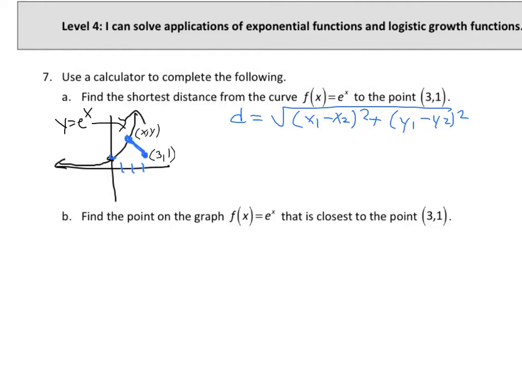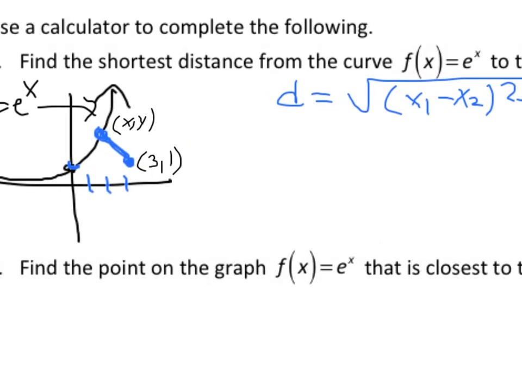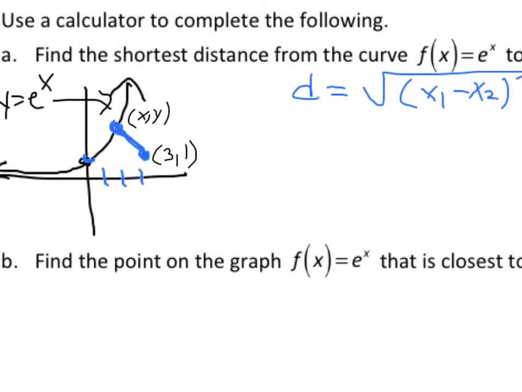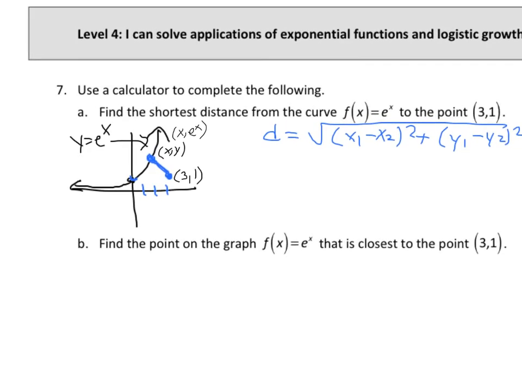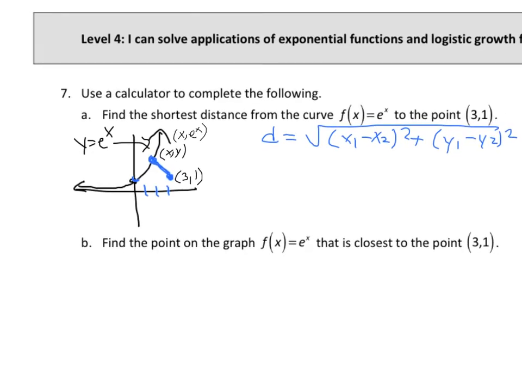So we can replace y in our xy pair with e to the x. So instead of xy, we're going to think of this as x comma e to the x. And that came right from the function right here, f of x equals e to the x. It's just like y equals e to the x.